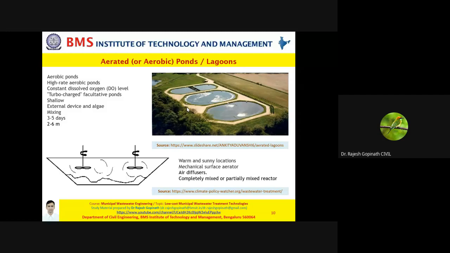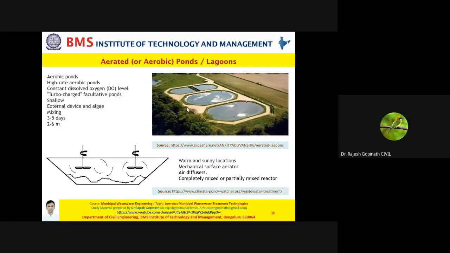Please understand, you need to maintain dissolved oxygen throughout its entire depth, and you also need to make sure that sufficient sunlight penetrates until the bottom. That is why the depth of this pond needs to be shallow.